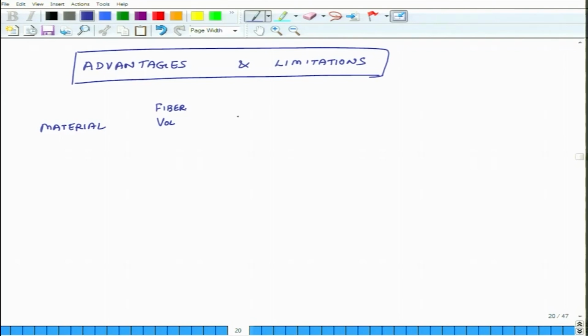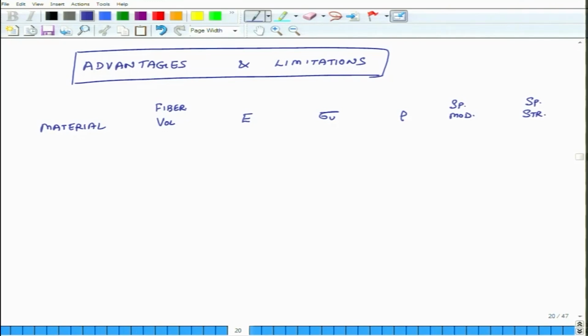The third column would be Young's modulus, E, in GPa units. The fourth column would be tensile strength, sigma u. The fifth column would be density. The sixth column would be specific modulus, and I will explain what it means. And the seventh column would be specific strength.